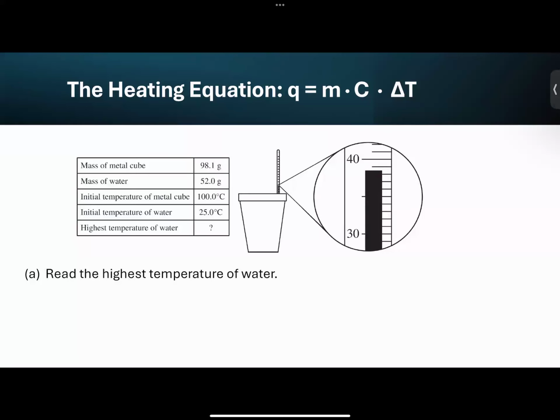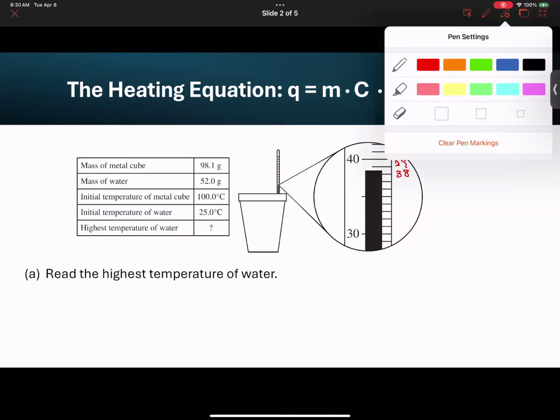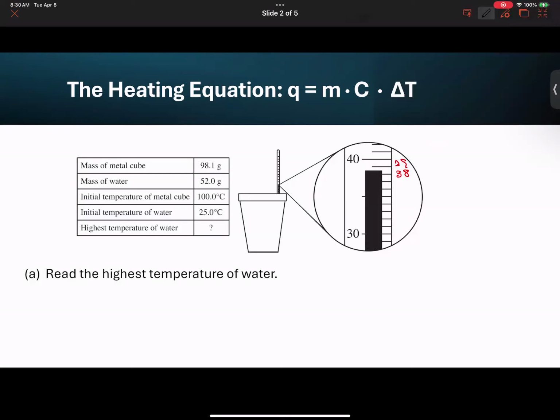In this one, it is very important to read the highest temperature properly. The thermometer is given here, and we see that the thermometer is in between 38 and 39. So the temperature must be 38 point something. Remember, the last number must be our estimation.